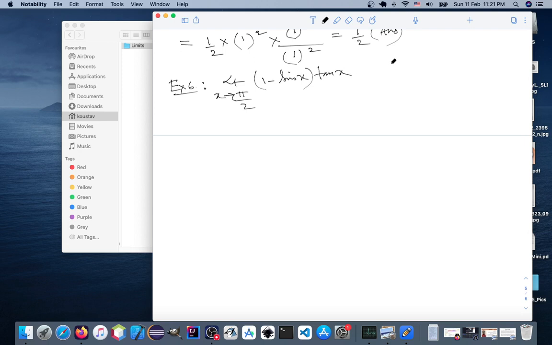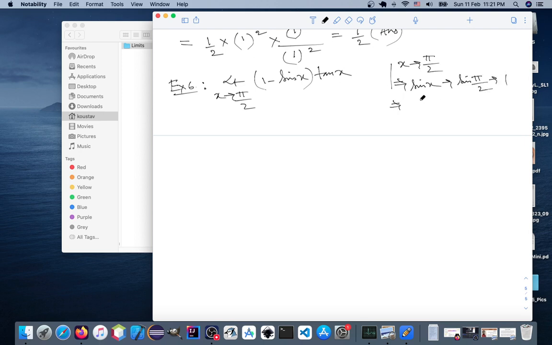So we clearly see as x tends to pi by 2, sine x tends to sine pi by 2, which is 1.